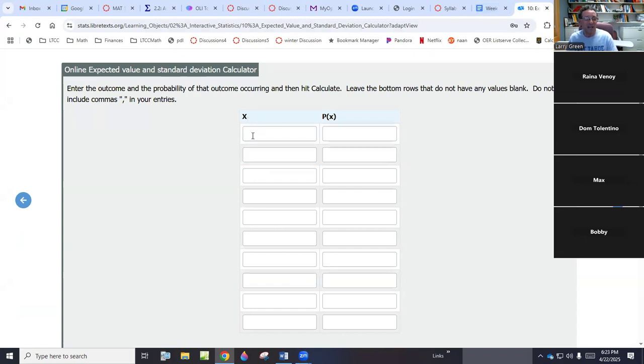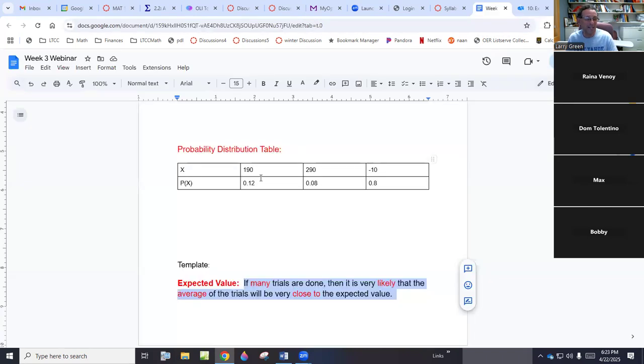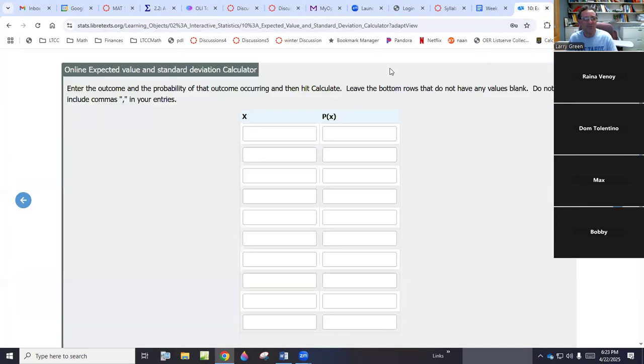And it asks to put the x's and the p of x's in. And notice the x's are 190, 290, and negative 10. So we go 190, 290, and negative 10.